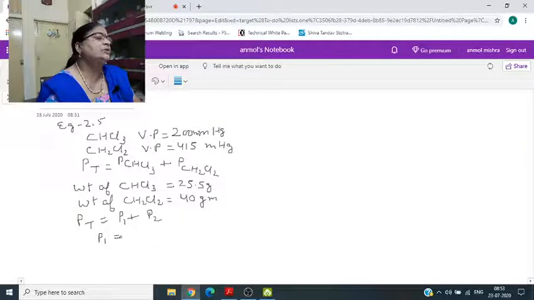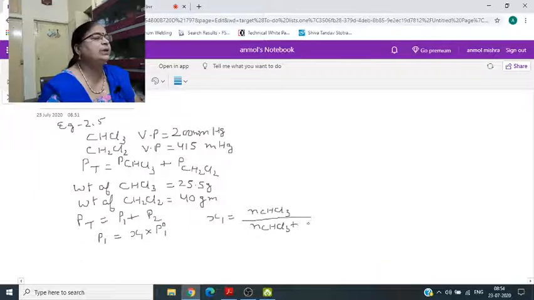Now P1 is equal to x1 into P01. So here we have to find out x1. Now x1 will be equal to nCHCl3 divided by nCHCl3 plus nCH2Cl2. So n, all of you know, is weight upon molecular weight. So this is for chloroform.